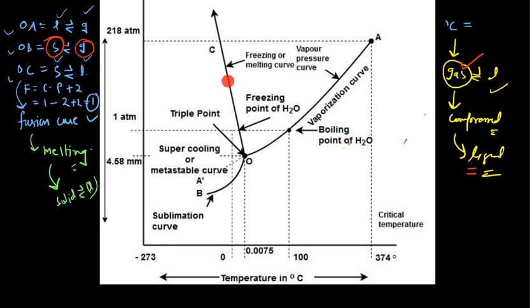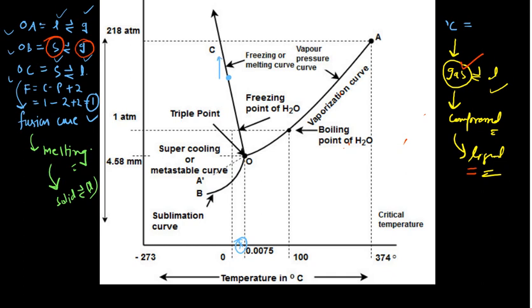When it is the melting curve, that means it has two phases, and those two phases would be liquid and solid. Now say you have selected this point, and you are keeping the temperature constant and increasing the pressure.